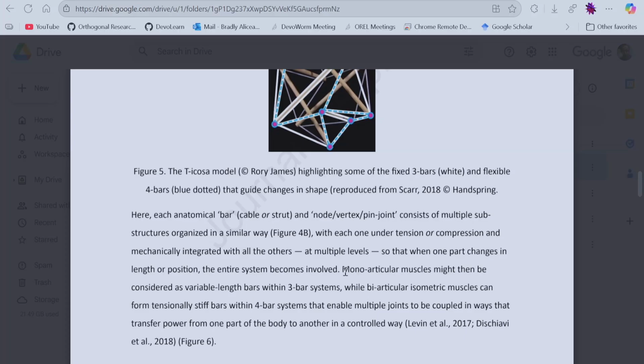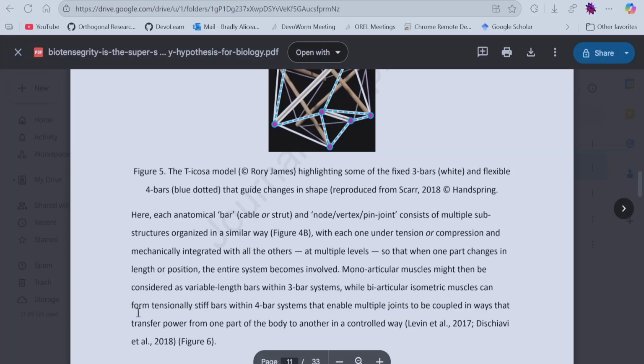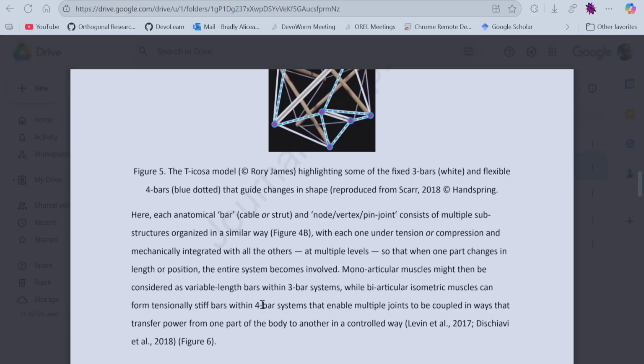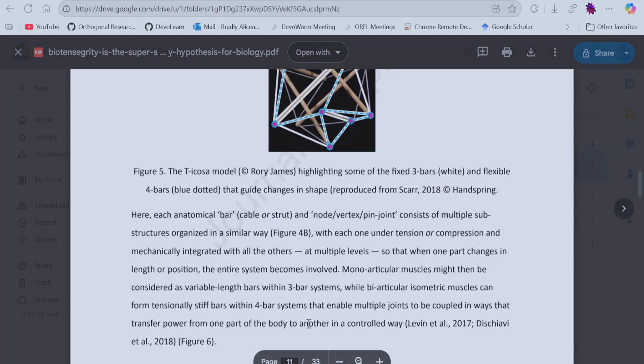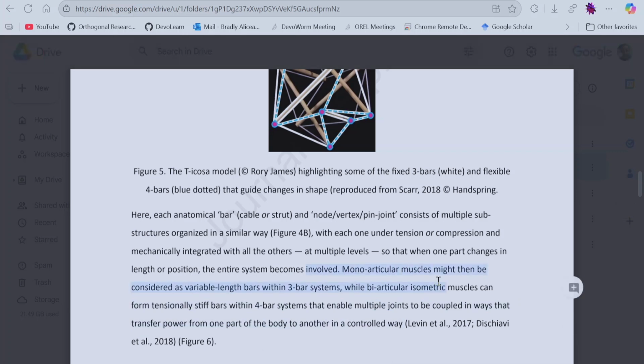So they give some biological examples here. Monoarticular muscles might be considered as a variable length set of bars within 3-bar systems, or T3s, while biarticular isometric muscles can form tensionally stiff bars within 4-bar systems, or T4, that enable multiple joints to be coupled in ways that transfer power from one part of the body to another in a controlled way. There are these structures called muscle synergies, where you have a bunch of muscles activated during the movement, versus looking at single muscles as they articulate on the joints.